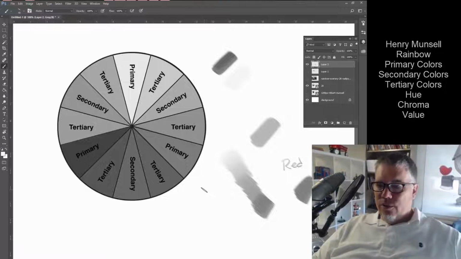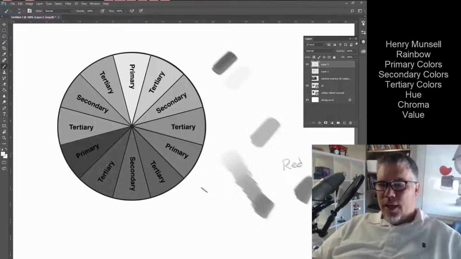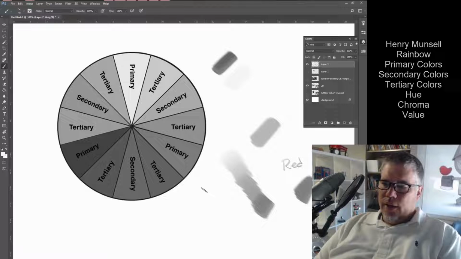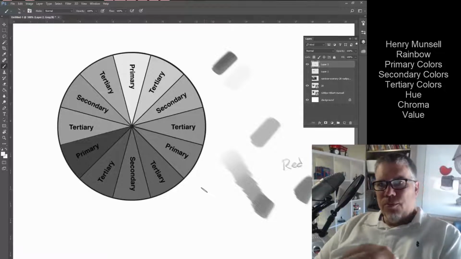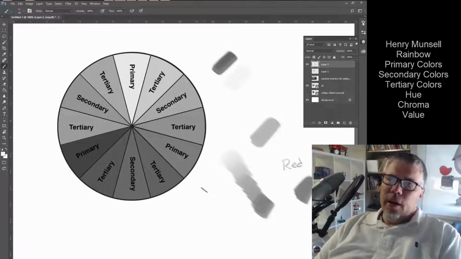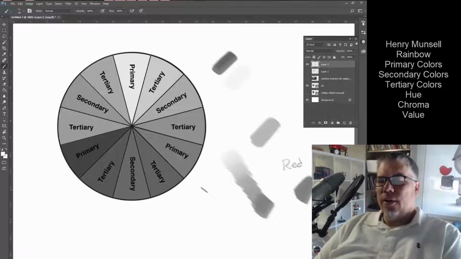Colors actually have value as well, even though in their pure hue or pure chroma or saturation, each one is a pure color on the rainbow, but some are darker than others. I don't know the technical reason for that, but I think the frequency of that light wave is lower or higher, but don't quote me on that.